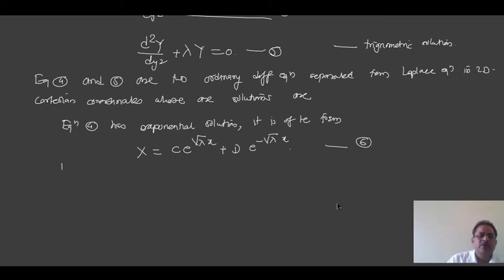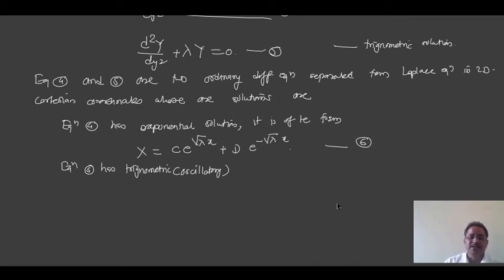Similarly, equation 5 has, as I said, a trigonometric solution, which is also called oscillatory. We have used this word many times last year in oscillations, waves and sound.